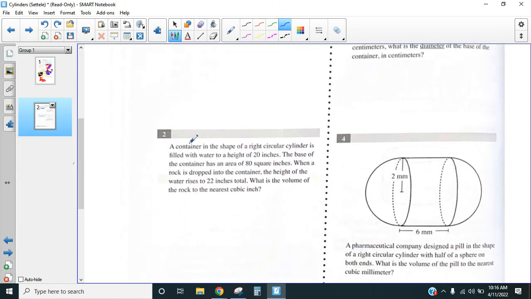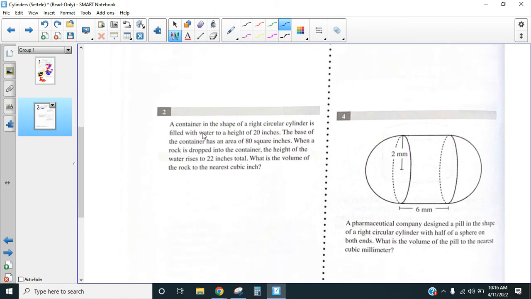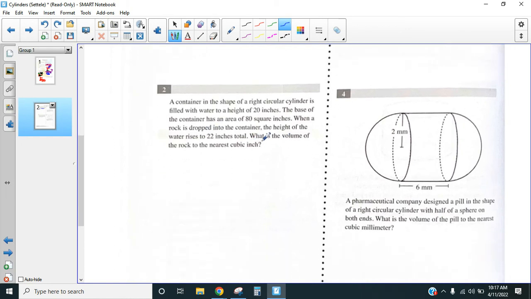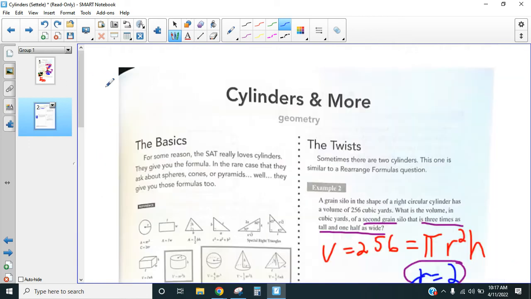Okay. Now, for number 2, it says, what's the volume of the rock to the nearest cubic inch? Let's read through this. A container in the shape of a right circular cylinder, so like this, right? Filled with water to a height of 20 inches. The base of the container has an area of 80. This is what I was saying earlier.